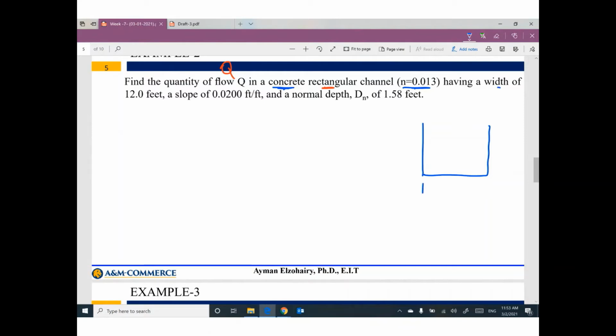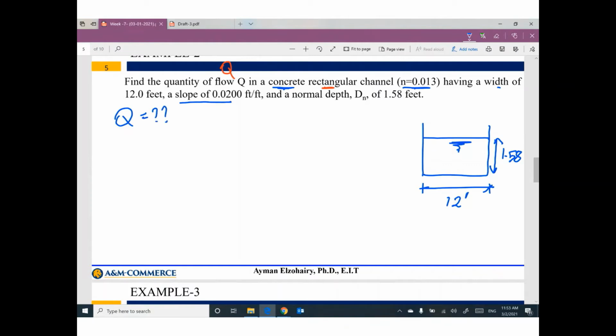This channel has a width equal to 12 feet, and the slope equal 0.02 feet per foot. And the normal depth, the depth of water inside this channel, is 1.58. Can you tell me the value of this discharge?